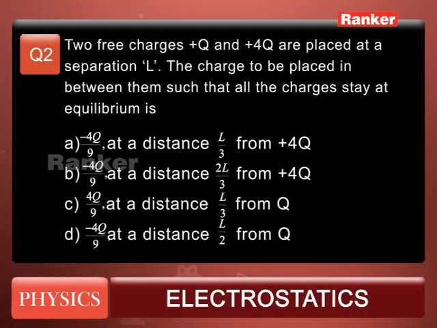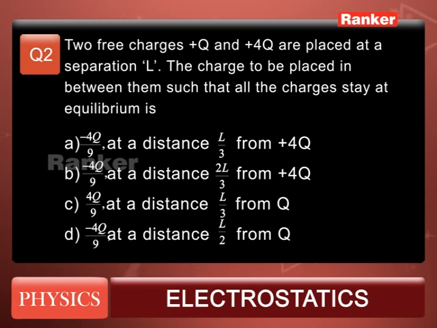Let me read it out first. 2 free charges plus q and plus 4q are placed at a separation L. The charge to be placed in between them such that all the charges stay at equilibrium, what is the charge that is to be calculated here?